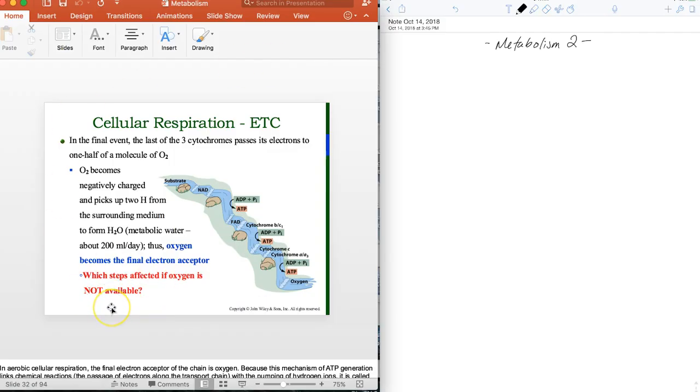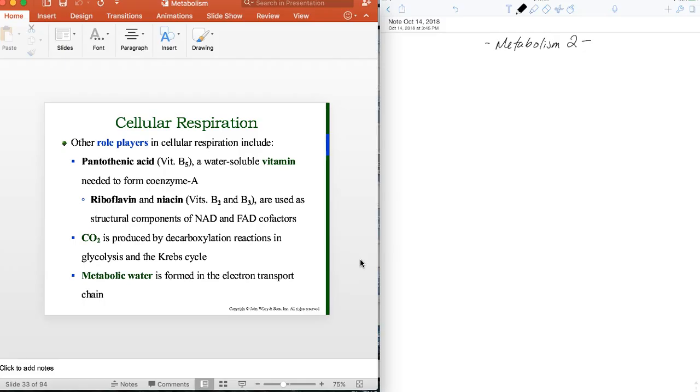So in this question here, which step's effective if oxygen is not available? Basically anything in the mitochondria. So the mitochondria, there's phases 2, 3, and 4. In theory, glycolysis can take place without oxygen, especially in skeletal muscle, because of the regeneration of NAD+ via that enzyme called lactate dehydrogenase.